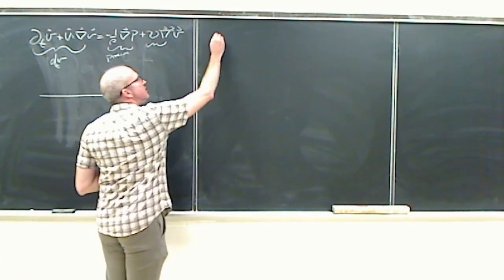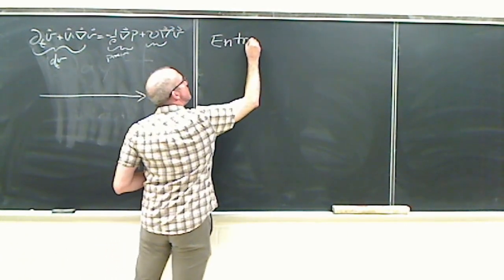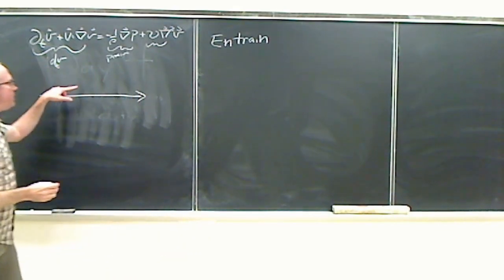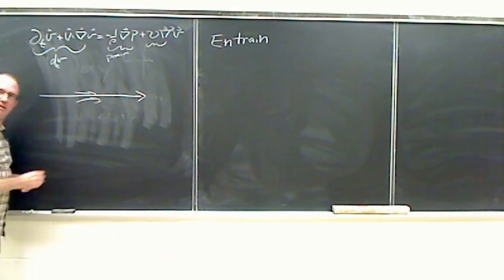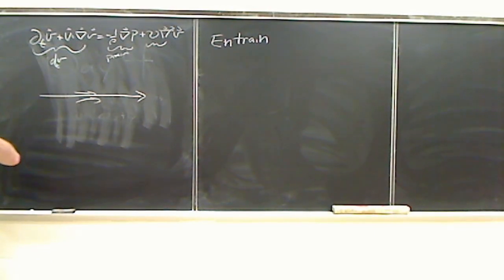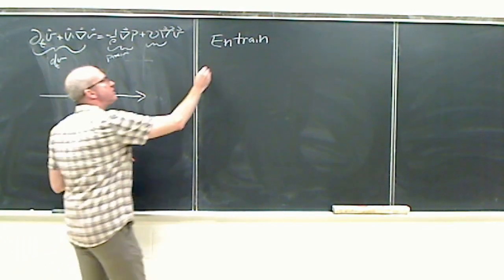So if I have a very small thin stream, that will entrain the fluid next to it to accelerate. That makes sense, right? Like if you rub your hand on something that'll move, it's going to start to move with you, right?